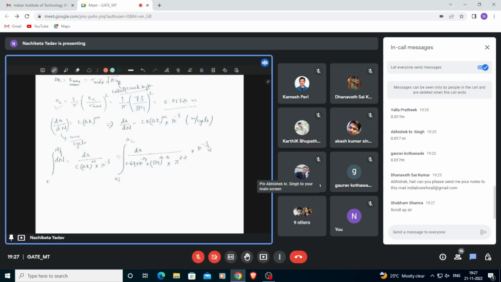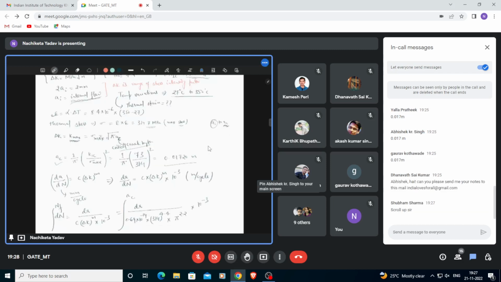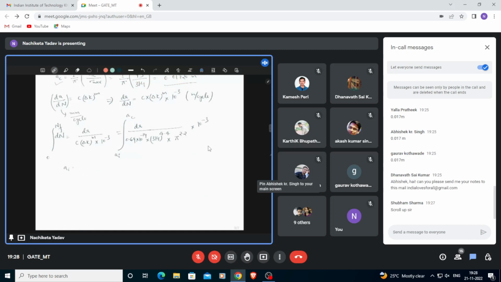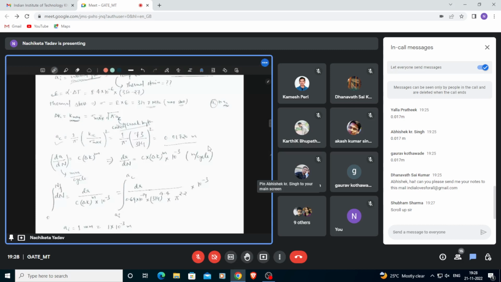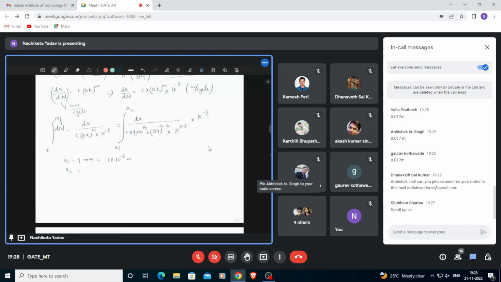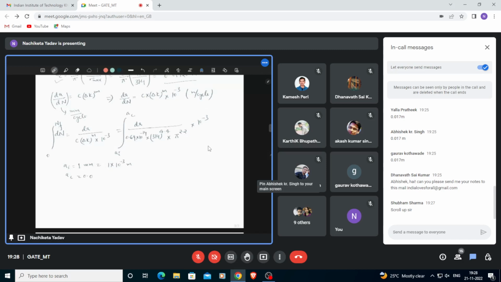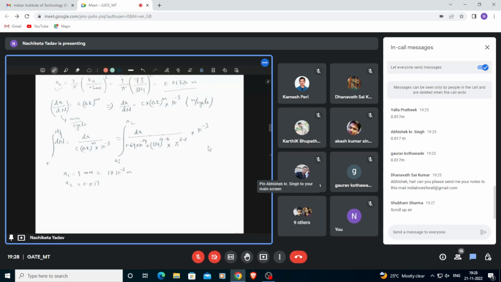Here the AI value is given, initial, suppose it is given as 2 mm, or 1 mm, and we will convert it into SI unit, meter. And the AC value we have already calculated, 0.01720. So now can you calculate?